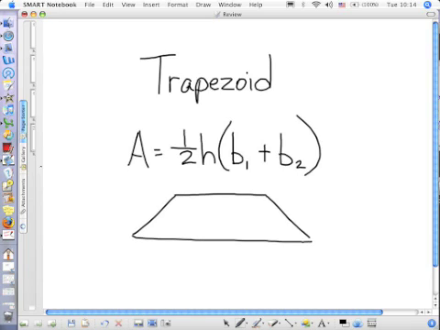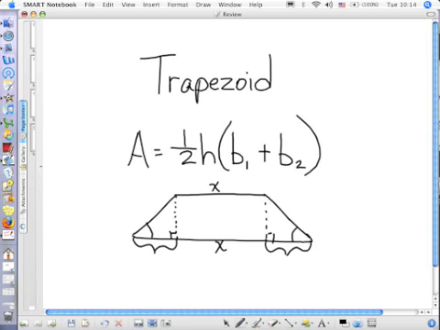It makes 2 congruent triangles, the height. Exactly. We know that the base angles are congruent to each other, and when we draw these 2 heights here, those are 2 congruent triangles, where the measure here is exactly the same as the measure here, and opposite sides of a rectangle are also equal to each other.